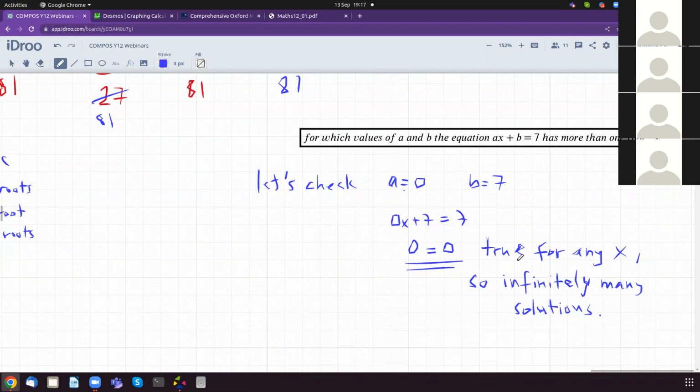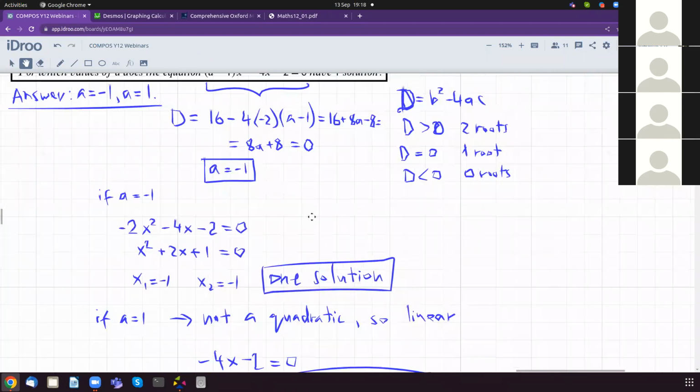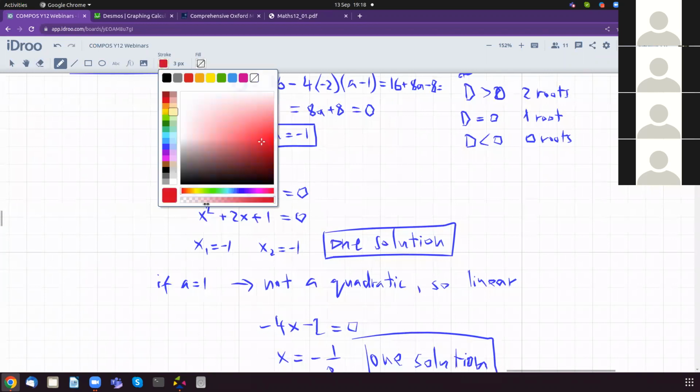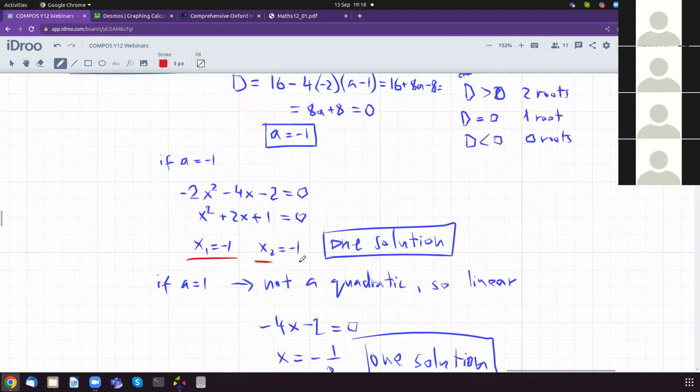Two real distinct roots. It's not two, more than two. When we say two distinct roots, for example, in this scenario, these are repeat roots.